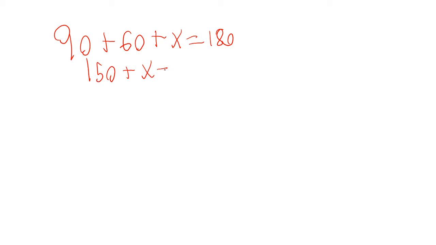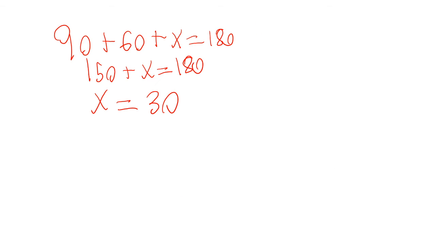So we have 90 plus 60 plus x equals 180, and obviously x is equal to 30.